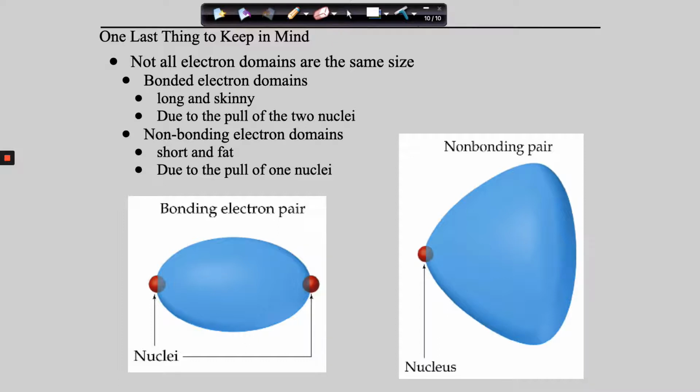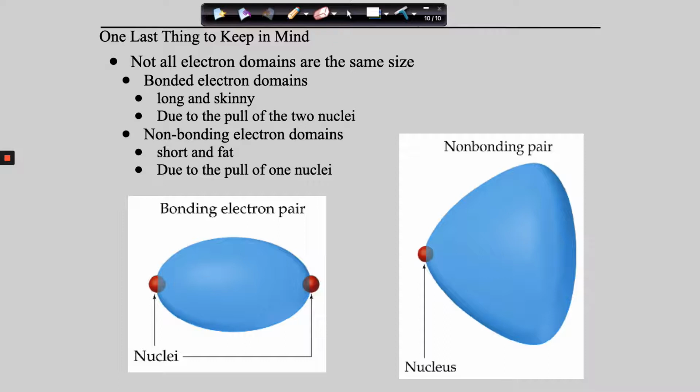So we've got nuclei pulling in both directions, and that makes the domain long and thin. Now guys, if we're only pulling in one direction, then, and Zach, this is kind of what I was trying to explain, and it's hard to do, but the idea is that it kind of slumps. That orbital slumps because it's only being pulled on by one nuclei, and it becomes that shape, short and fat.